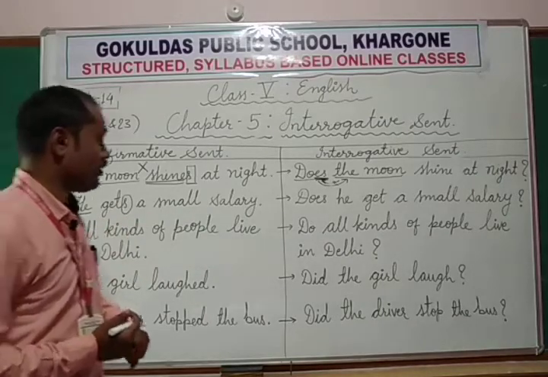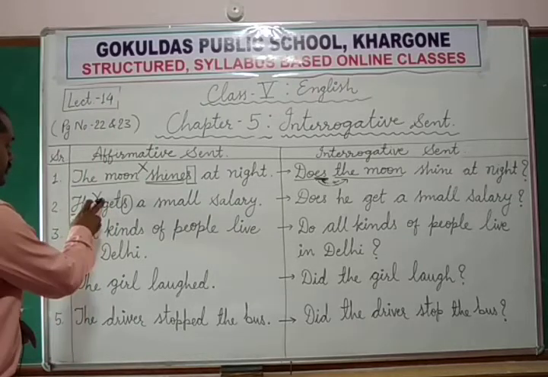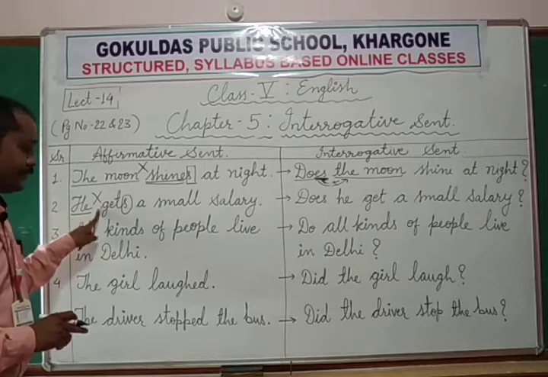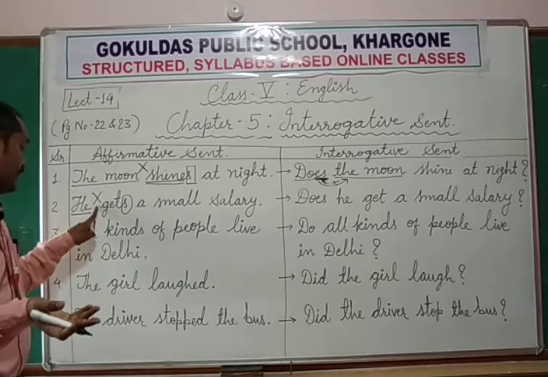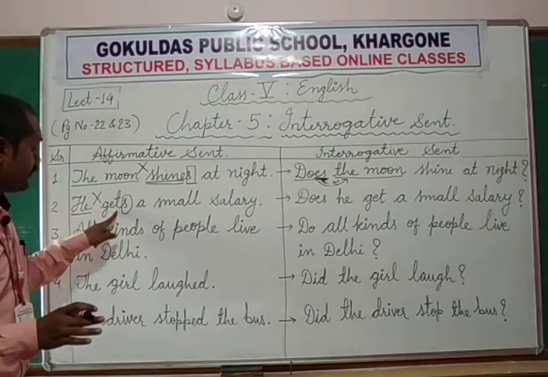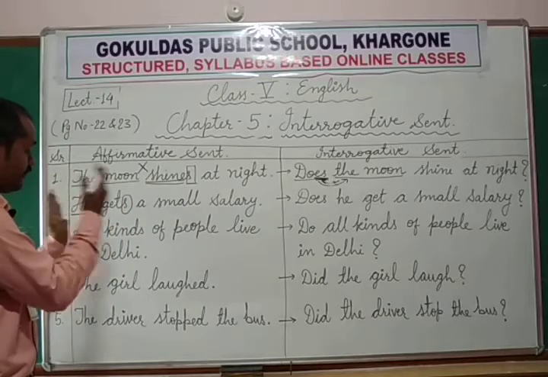He gets a small salary, and there is no helping verb, because in previous sentences we were finding some helping verb: is, am, are, was, were. But here we don't have any helping verb. Directly after the subject we get the main verb. So how to replace the helping verb?